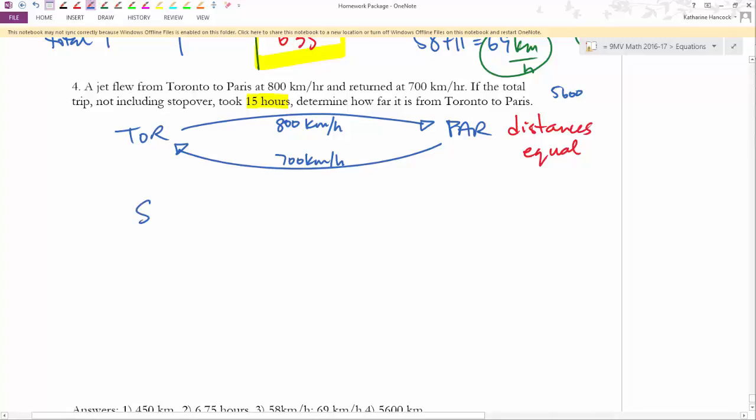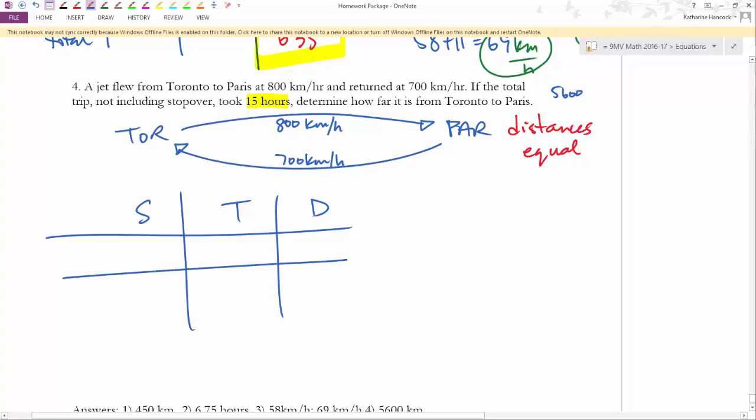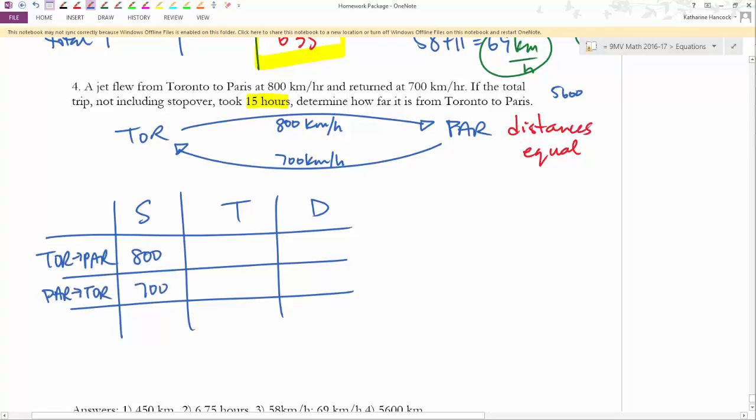Okay. Speed times time equals distance. So from Toronto to Paris, the speed was 800. From Paris to Toronto, the speed is 700. Total time, 15 hours. Distance, well, we're going to have to figure that out. But we know that the distances are going to be equal.